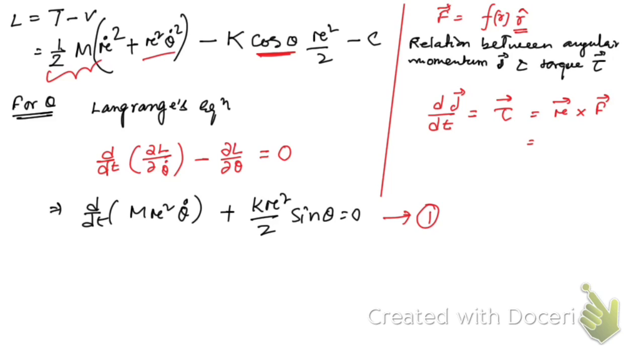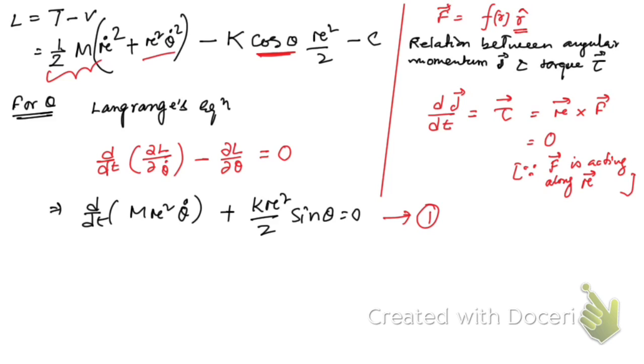So that's going to be r F sine 0 degree, since r and F are both along the same direction, or you can say since F is acting along this r vector, so that's why the torque will be equal to 0.